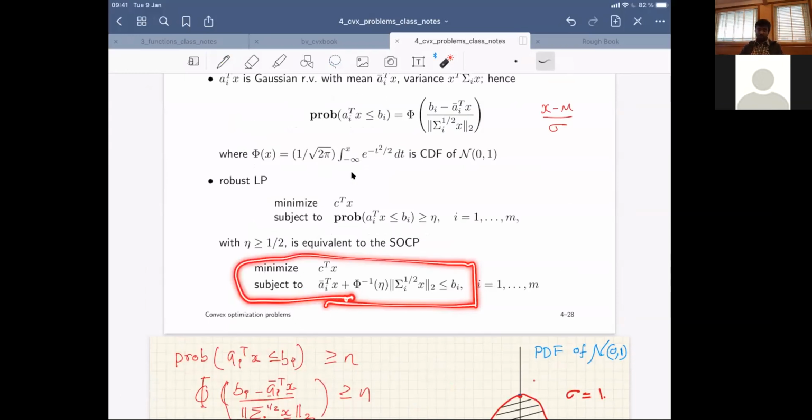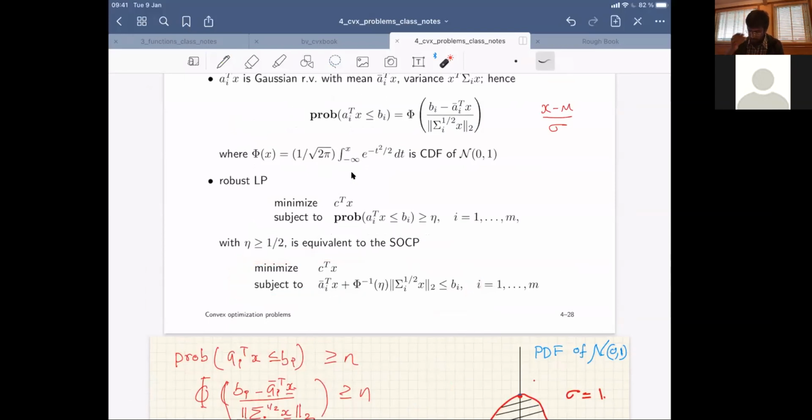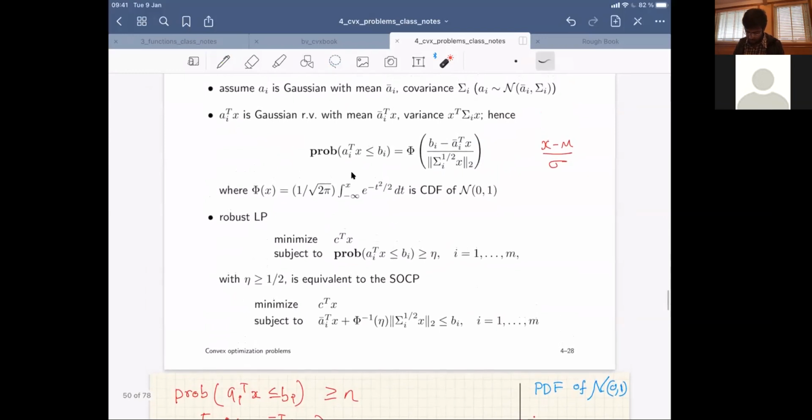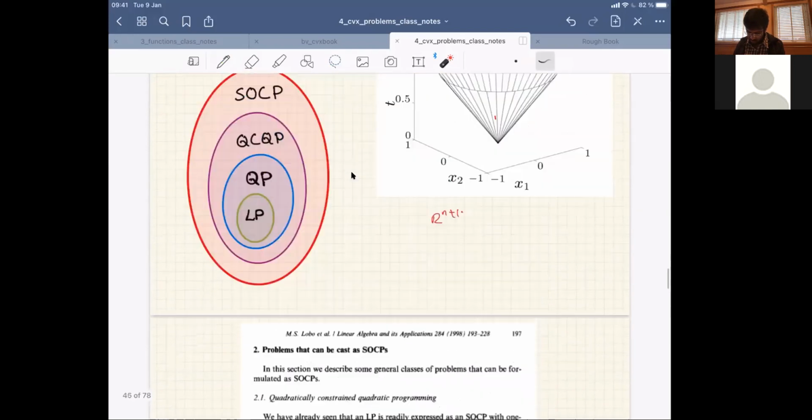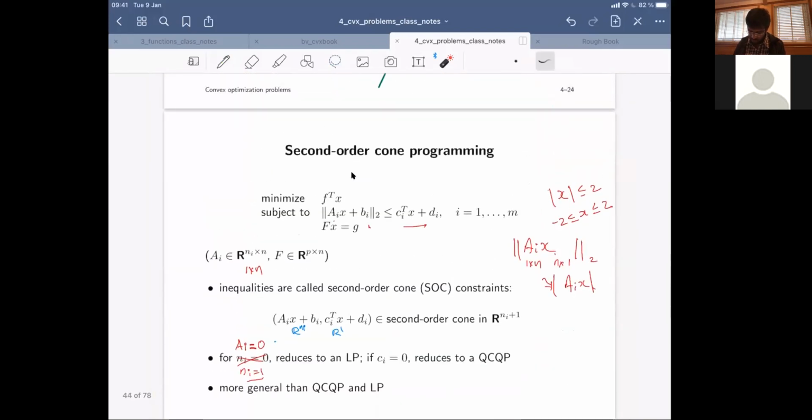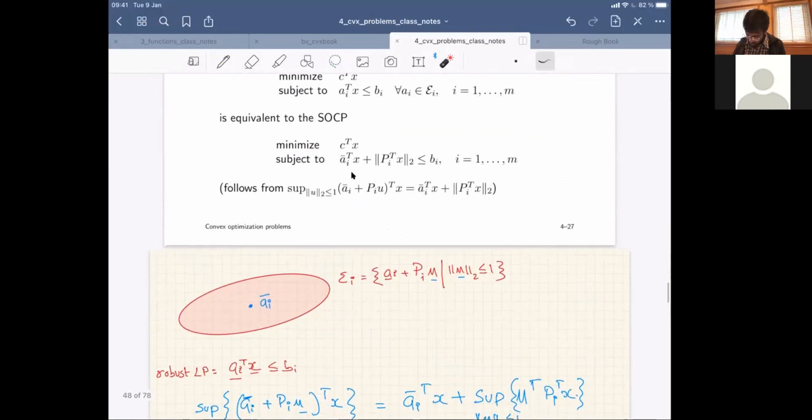Is it an SOCP? Let's see how our definition of SOCP was. Here the term involving the norm has to be positive.